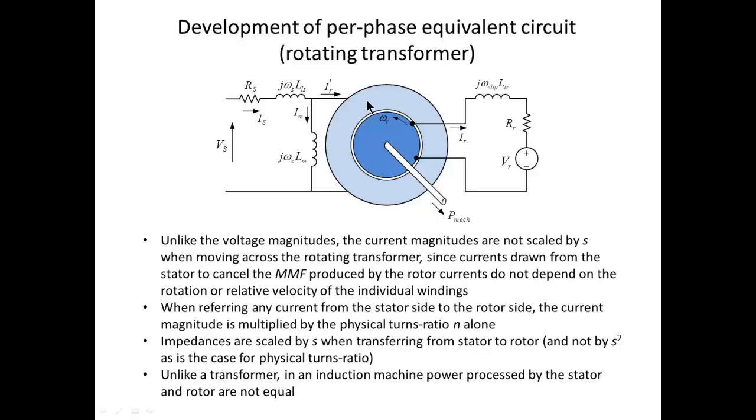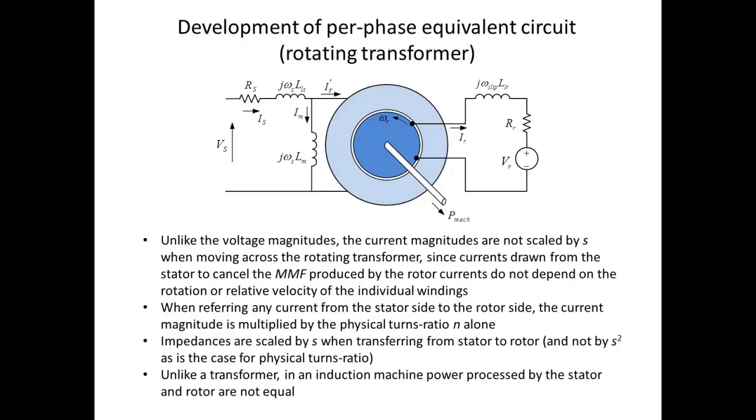So what really happens is this mmf cancellation is viewed in the air gap. The rotor currents are at the slip frequency, as we established earlier. So the rotating field due to the rotor currents in the air gap is at omega r, which is the speed of the rotor itself, plus omega slip, which is the frequency of the rotor currents. That's omega r plus omega slip, which is the same as omega s.